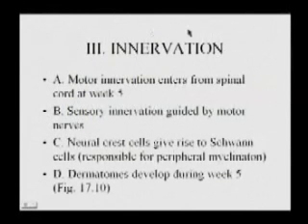So now we can talk a little bit about the innervation of the extremities. The motor innervation enters from the spinal cord at about week 5. At the same time, some of the myotome mesenchymal cells are going to migrate into the mesenchyme of the extremity and differentiate into myotubules, the precursors of the skeletal myocytes.